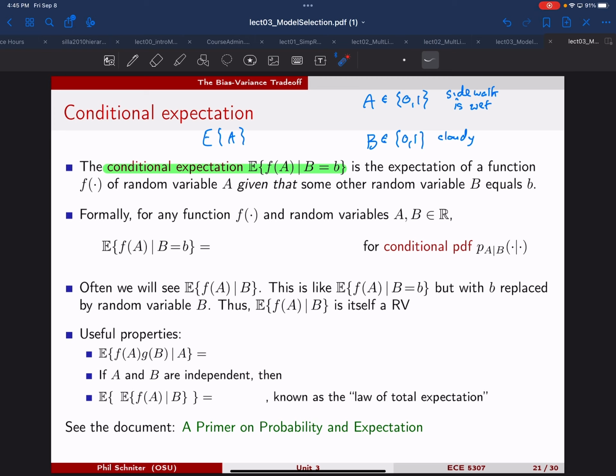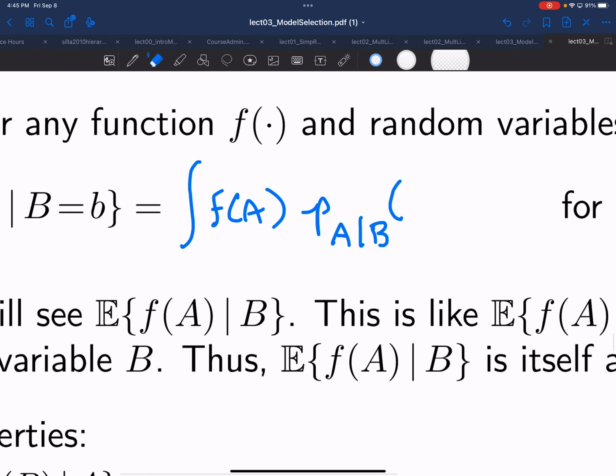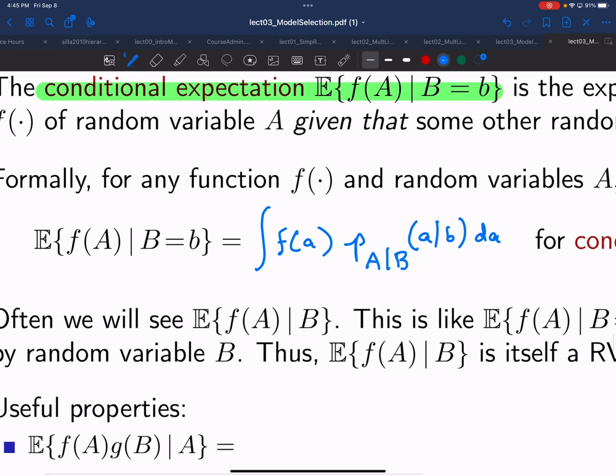The way we define this in terms of an integral, which is the way you would prove a bunch of stuff, is similar to before. You have f of a in the integral, and now the thing that changes is that instead of the PDF, you have a conditional PDF: the PDF of a given b. Oh, I'm sorry, this should be a little a here, and then the dummy variable a given b, dA. So little a is just the dummy variable of integration.